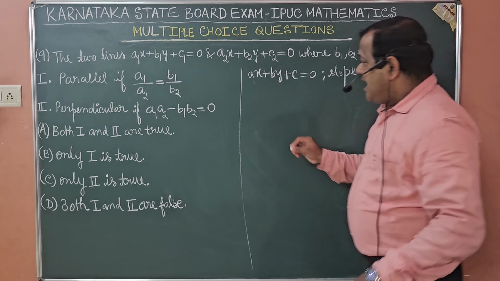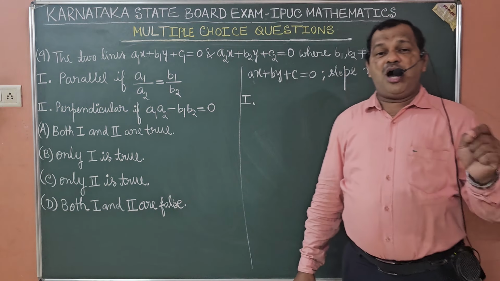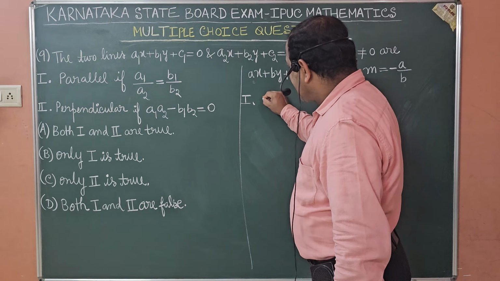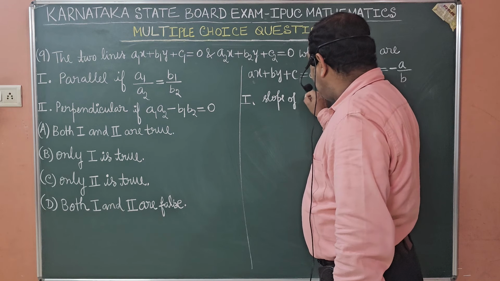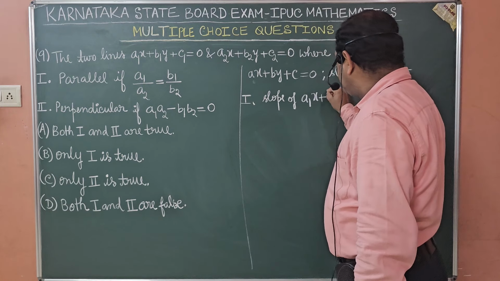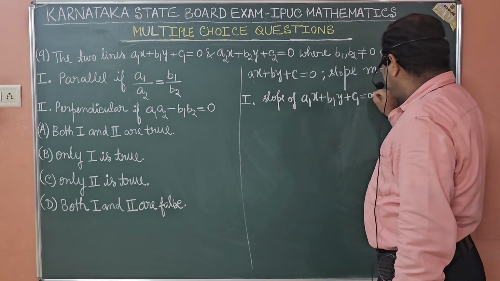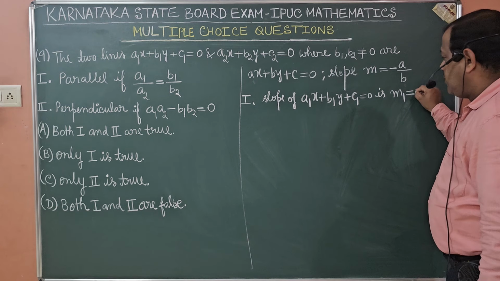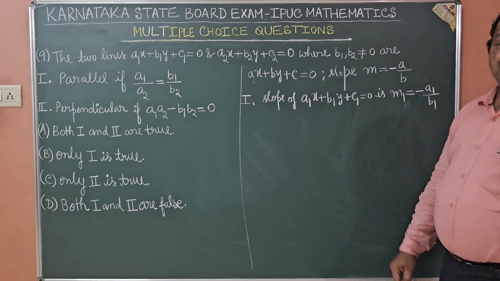Therefore, let us identify whether statement 1 is true or not. The slope of the first line a1x + b1y + c1 = 0 is m1 = -a1/b1.